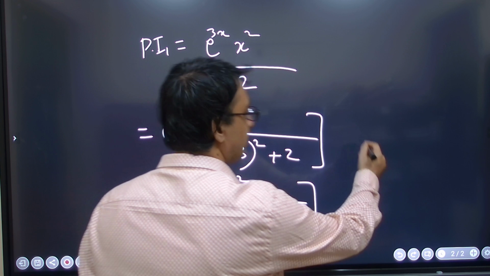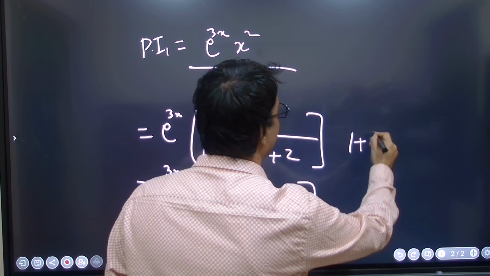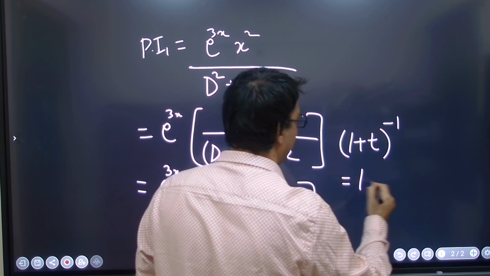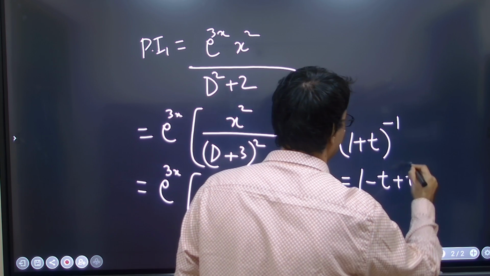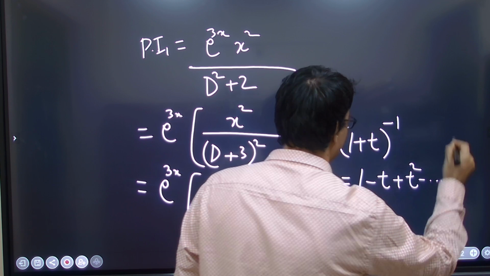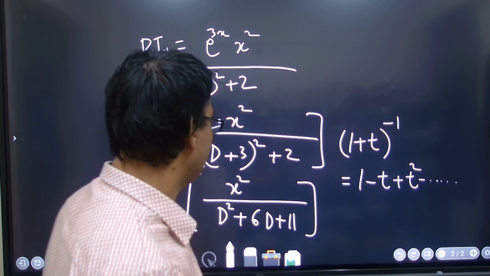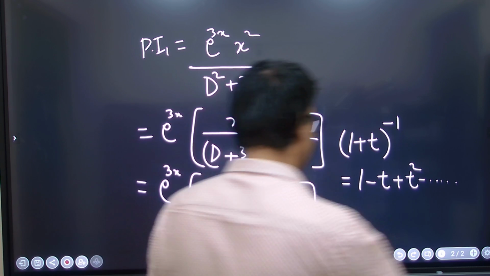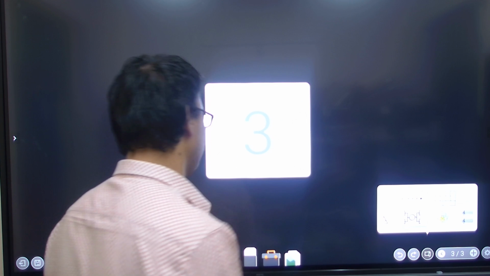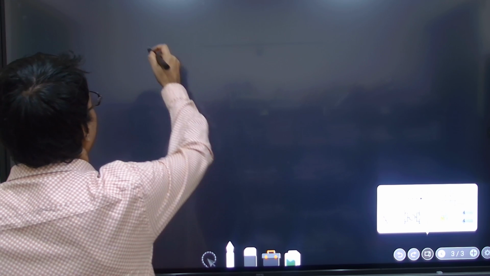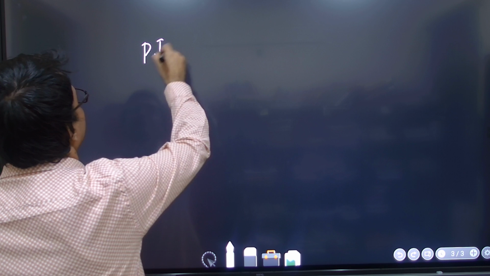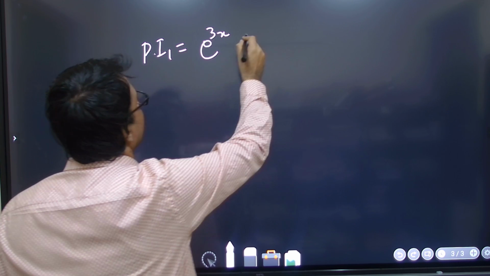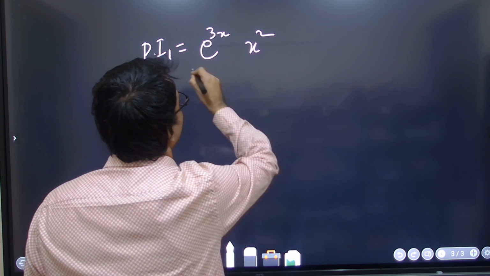First, we use 1 plus d to the power minus 1, using binomial, 1 minus d plus d square, and so on. We express it in the desired format. This is e to the power 3x, and 11 was common, so we take 11 outside.